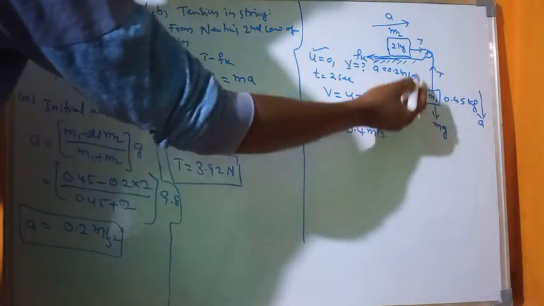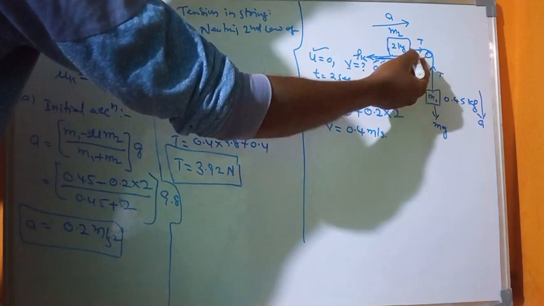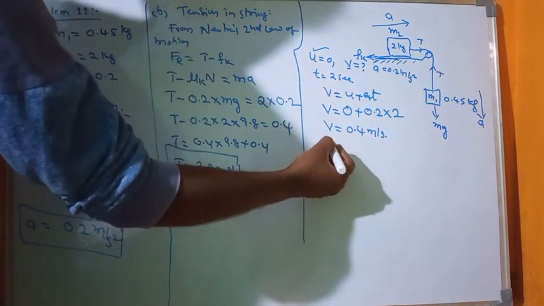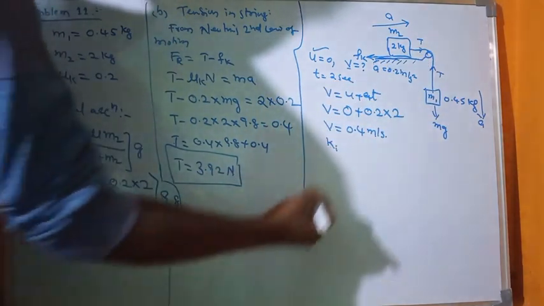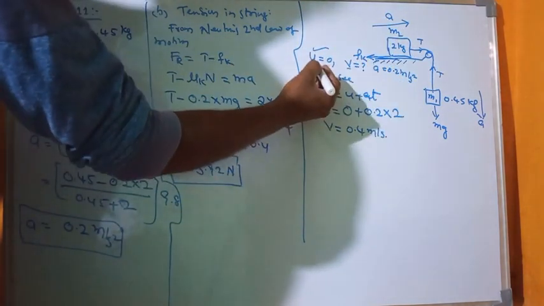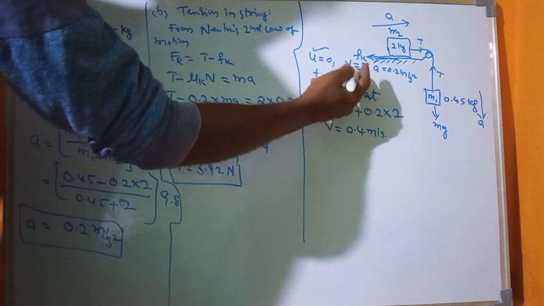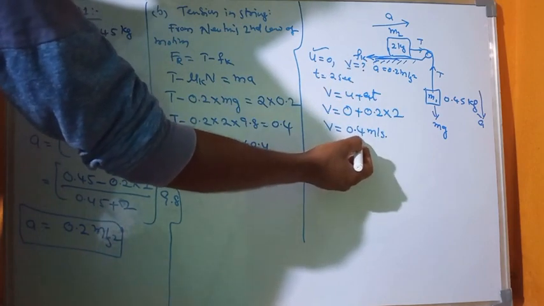Before breaking, its initial kinetic energy is 0, and the final kinetic energy is something, because u is equal to 0 means kinetic energy 0. When it reaches here, we have final kinetic energy.